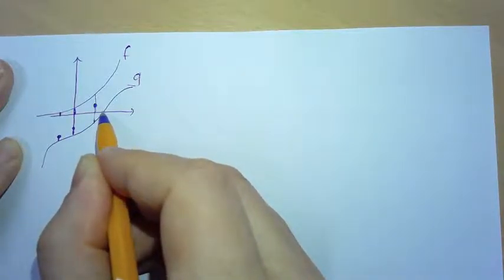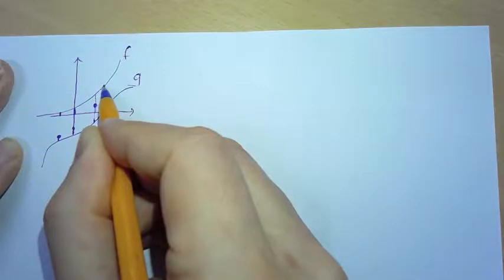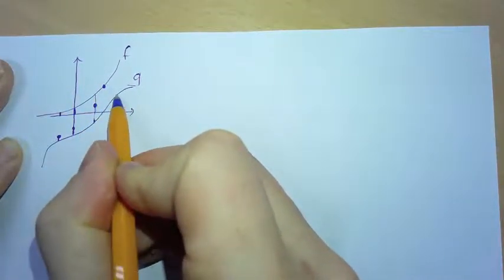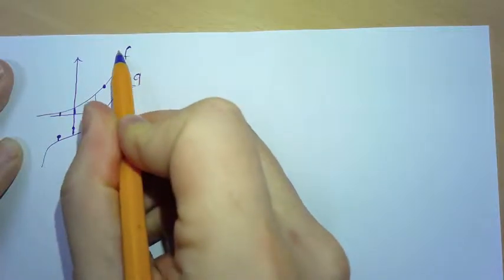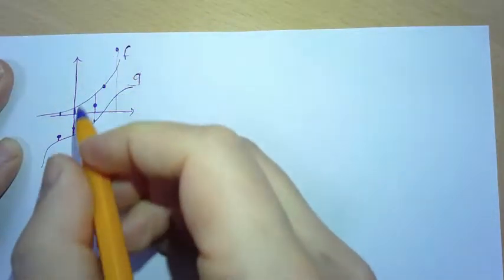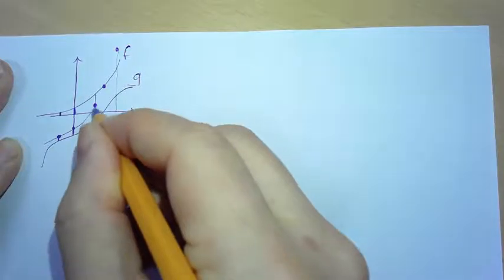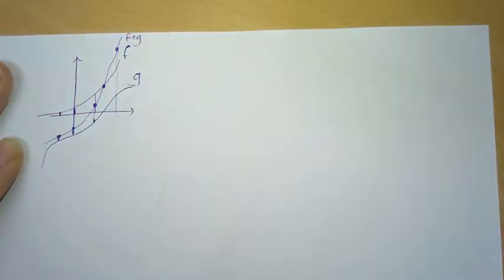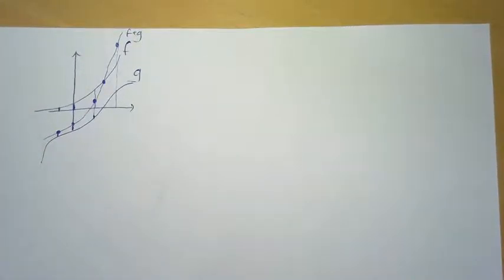At this point it's easy because g equals 0, so my function f plus g is going to go there. Here I need to add this and that, so I'll end up maybe up here. So in the end, I could roughly get a function f plus g. It appears that it's increasing always, but it's not a very convincing argument.